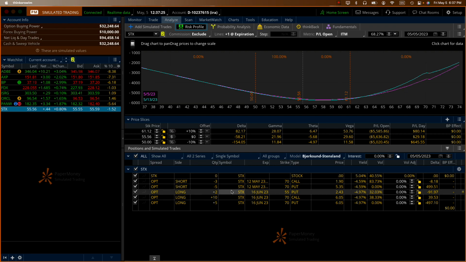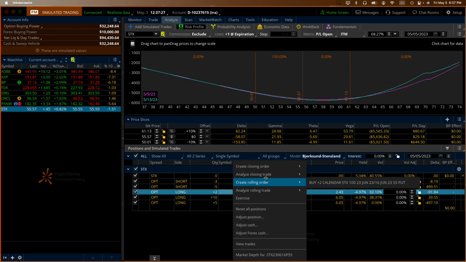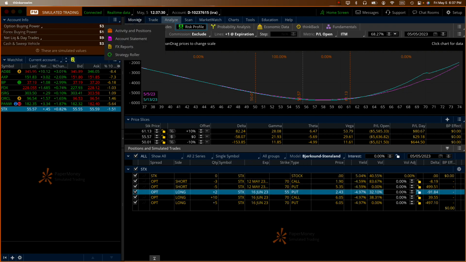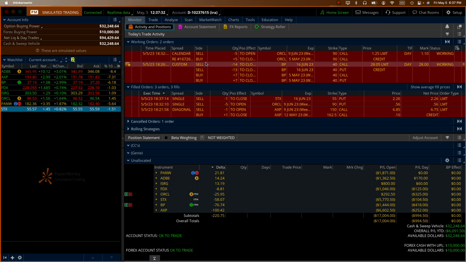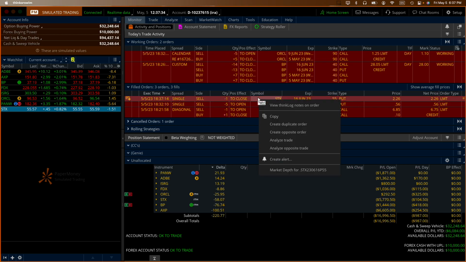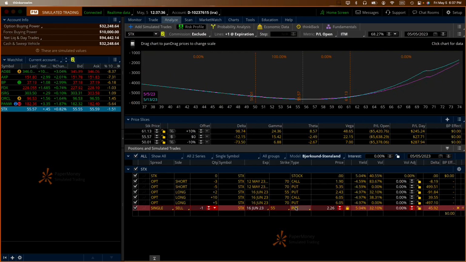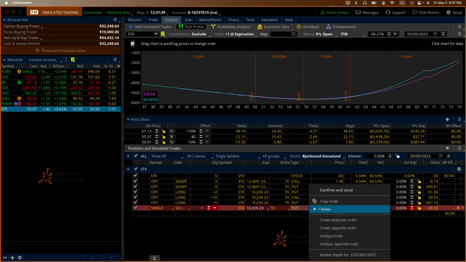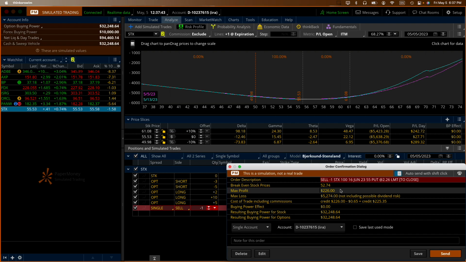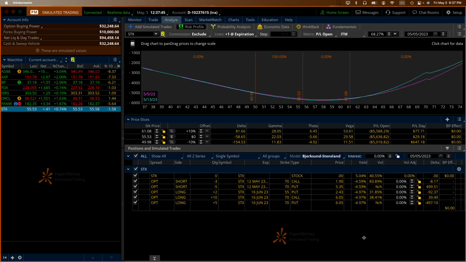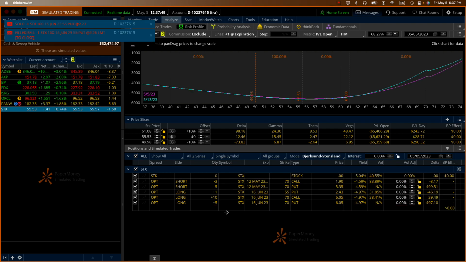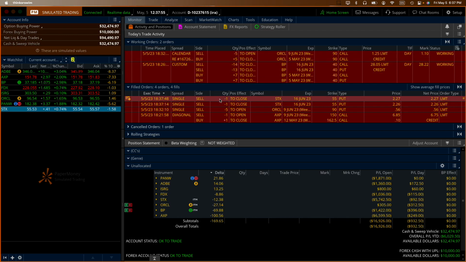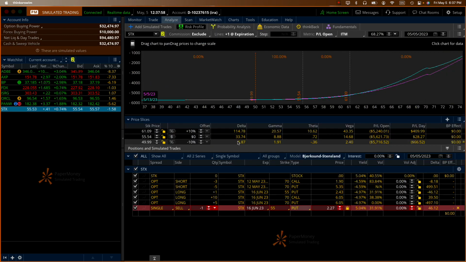Okay. Let's do the same, okay? To neutralize my deltas. That's actually profit I'm taking, okay? Analyze trade, confirm and send, and then it will be closer to delta neutrality. It's a little negative, but if I did the third one, let's see what happens.